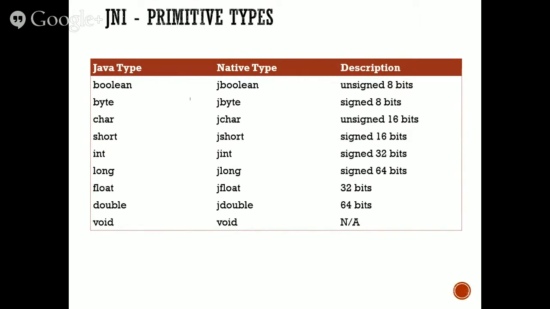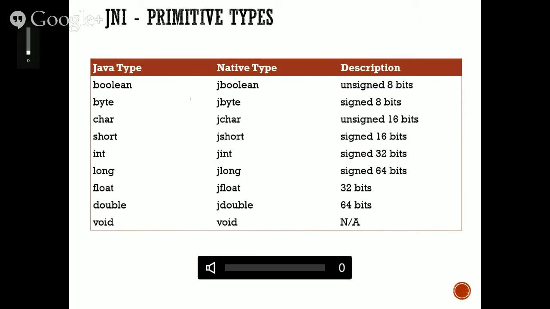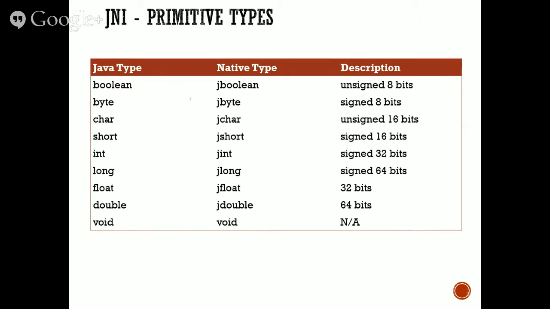So if you are performing any operations on the Java objects or on the parameters, you need to ensure that you are declaring the following native types in your C++ file.